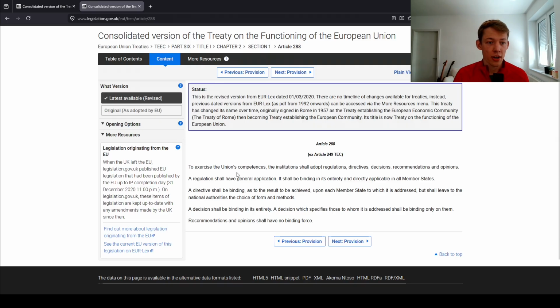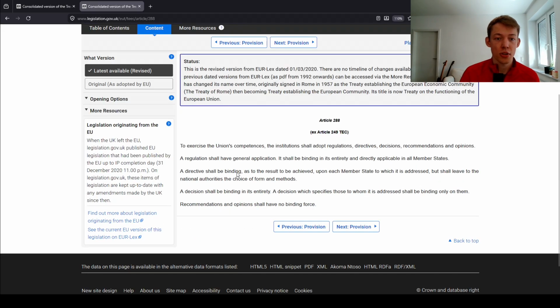So here you have Article 288, and 288 tells us what legal acts the EU itself can adopt. The treaties are concluded by the member states, but 288 tells us what legal acts the EU institutions themselves can adopt. And there we see that to exercise the Union competences, the institutions shall adopt regulations, directives, decisions, recommendations, and opinions, and we find more detail about them in the subsequent paragraphs.